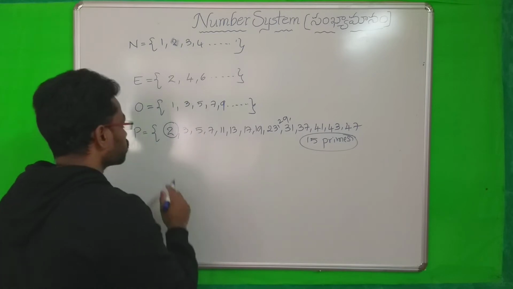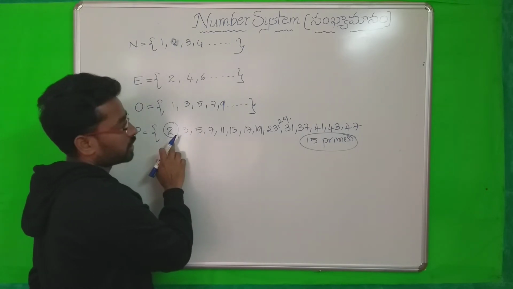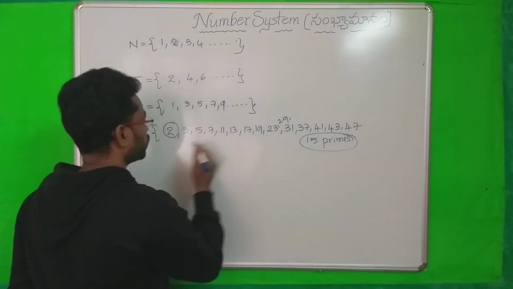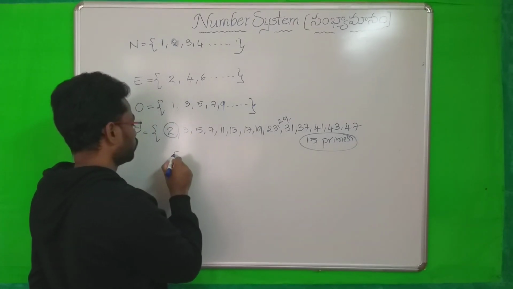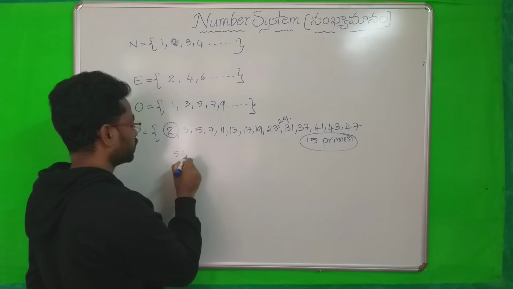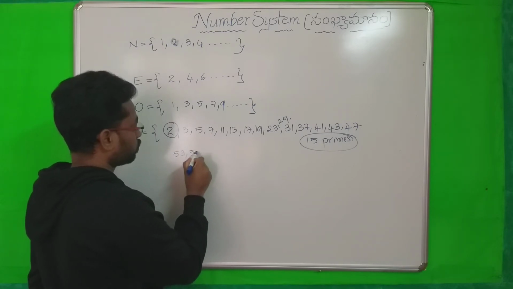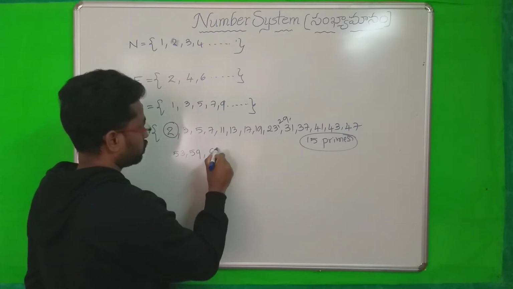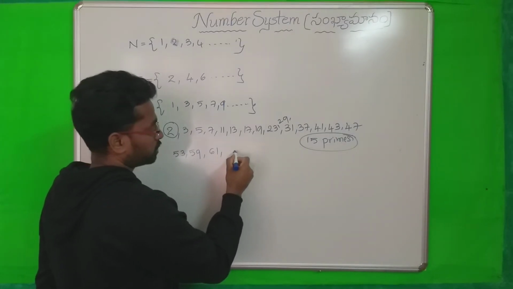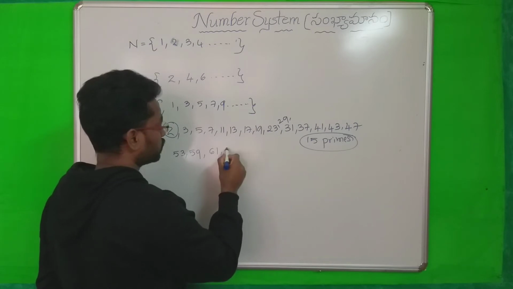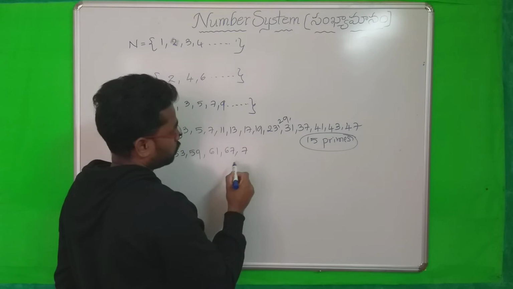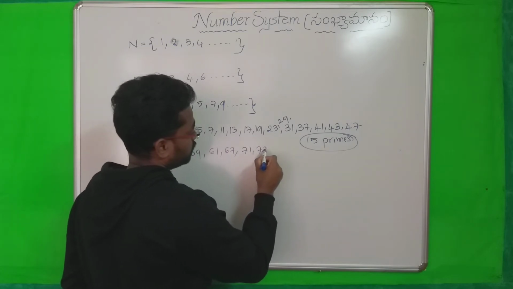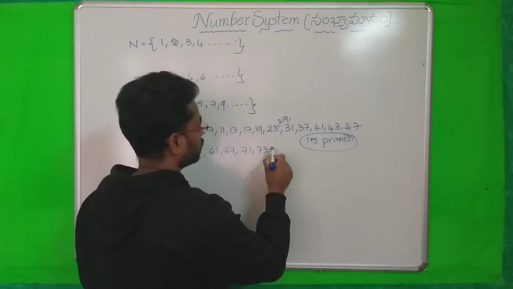So 15 primes. I am again writing above 50 to 100. So 51 is not prime. 53 and 57 not prime. 59, 61, 63 not prime. 65 not prime. 67, 71 is prime. 73 and 79.